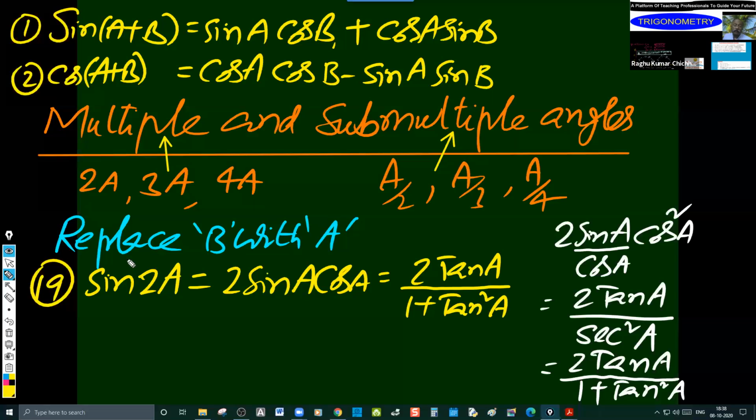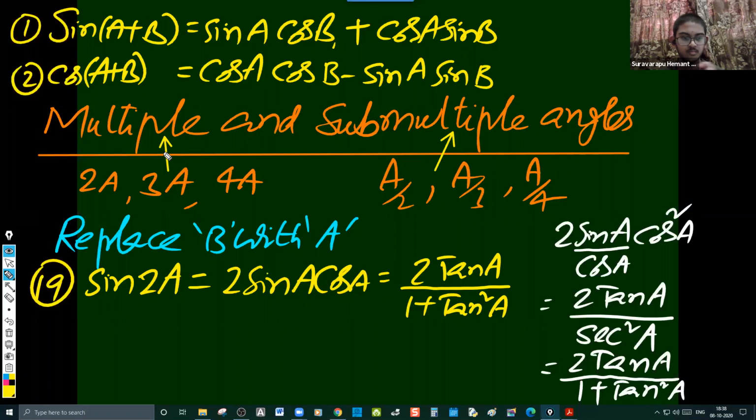Okay? So this is the first multiple and submultiple formula. And why do I say submultiple? Because you need not learn submultiple separately, like how I'll tell you.